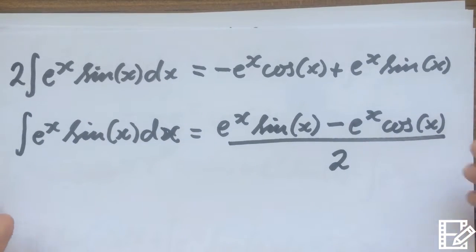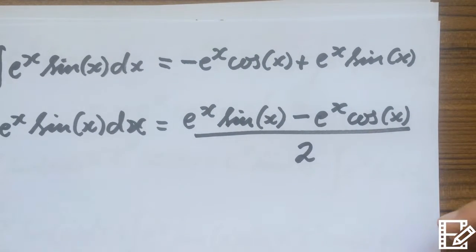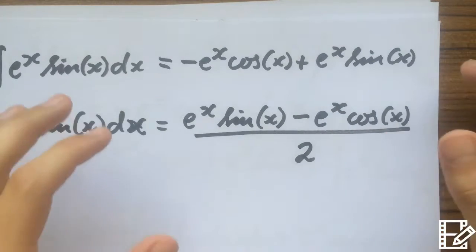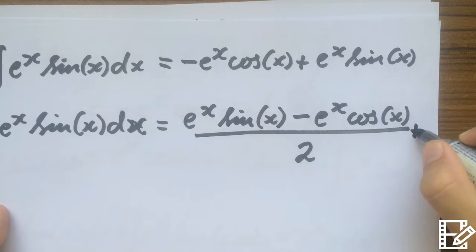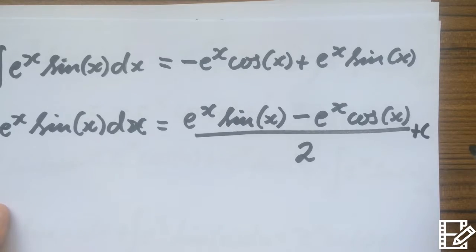Okay, and that isn't quite the answer because the answer would have a plus c on the end. And because we're chopping and changing so much, I didn't want to have to deal with plus c's all through it. So I'm just going to stick a plus c on the end.